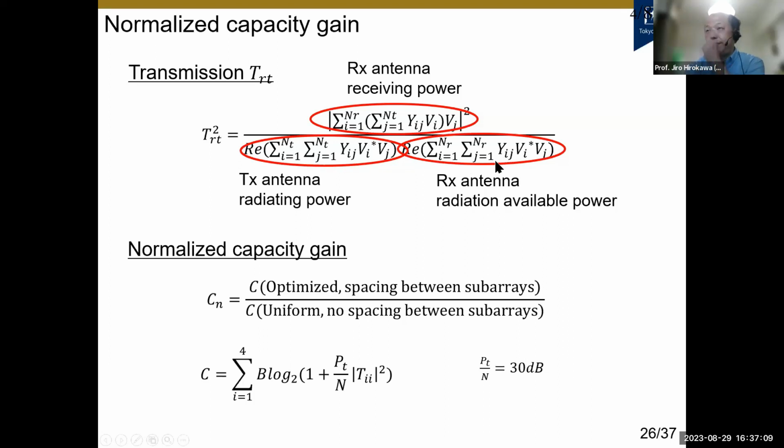So we consider the mutual coupling between elements. And the normalized capacity gain is defined according to this equation. Numerator is the capacity gain for optimized excitation having spacing between subarrays, while denominator is the capacity gain for the uniform excitation having no space between subarrays.